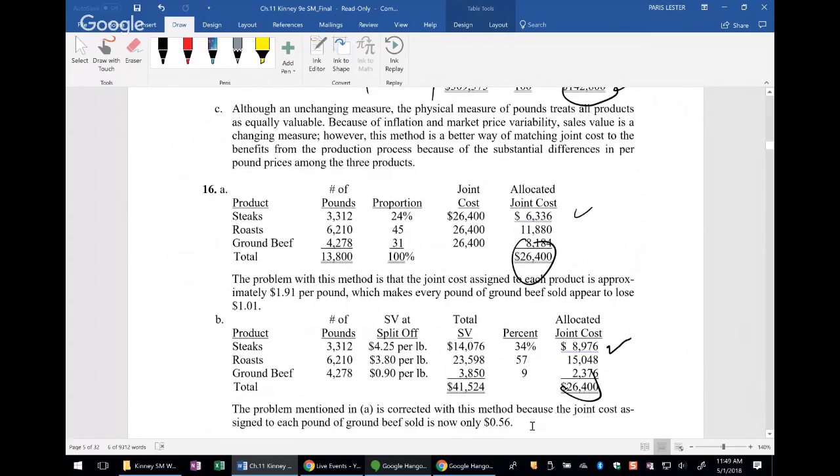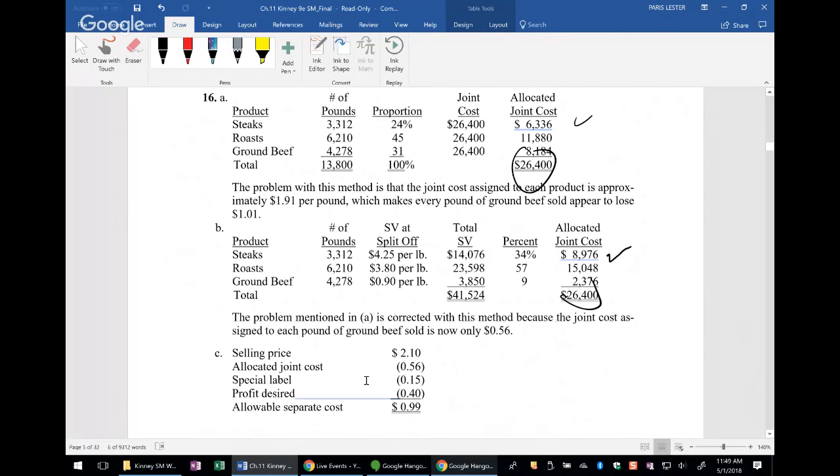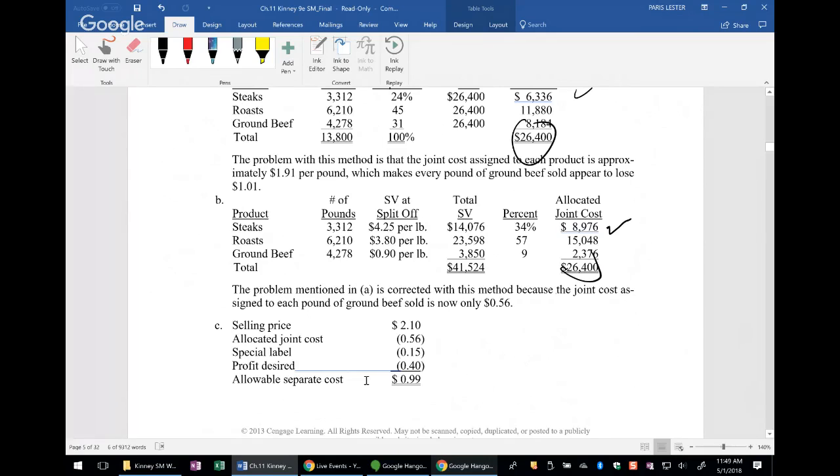What method looks the best? Now, C here, selling price, allocating joint cost. Allocate joint cost 56, special label 15 cents, profit 40 cents. And what was the question for C?